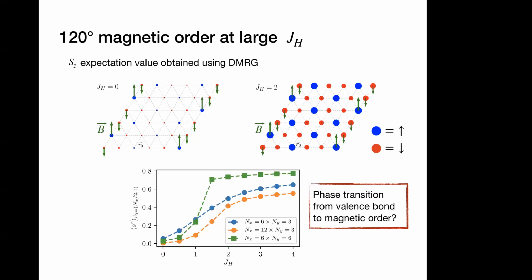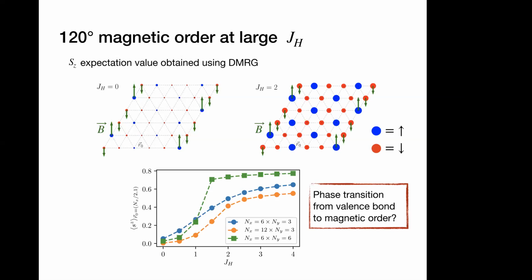And increasing JH gradually, we can see that somewhere around JH of 1, if you look at the expectation value of the spin in the bulk, there is a sharp increase around 1. So this seems like a phase transition into a magnetically ordered state.